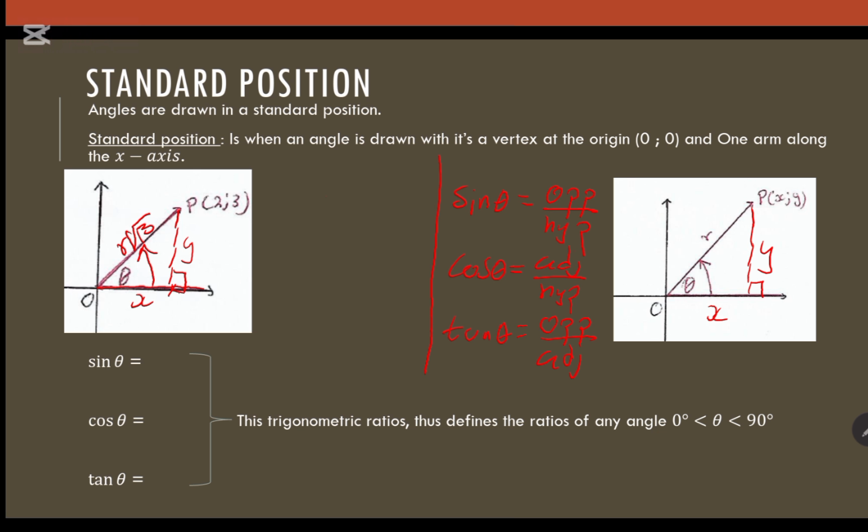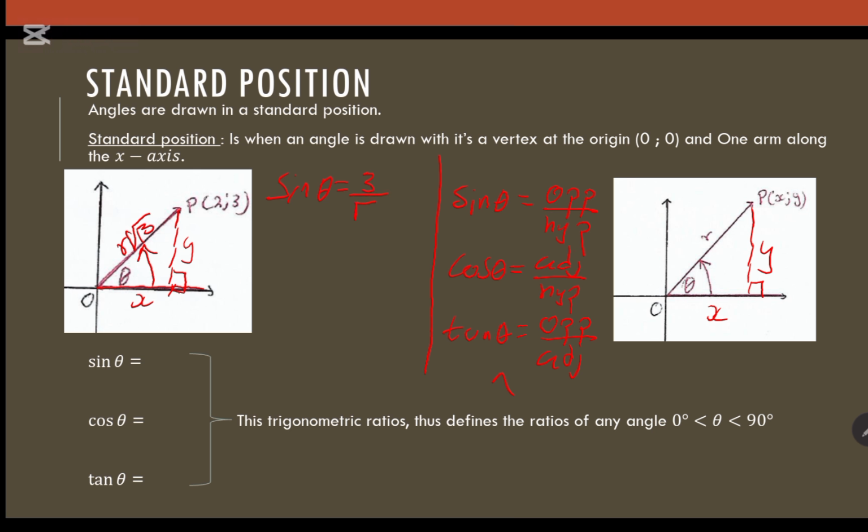So let's go back to the first diagram. In this first diagram, we have the radius is square root of 13. I'm going to apply these trigonometric ratio definitions to express these trigonometric ratios with the values here. So this will be sine theta is equal to y over root 13, and y is 3.